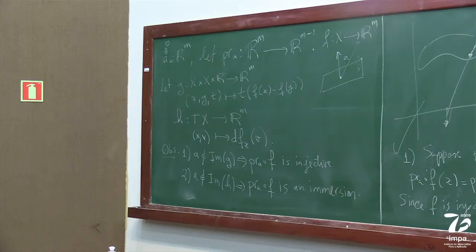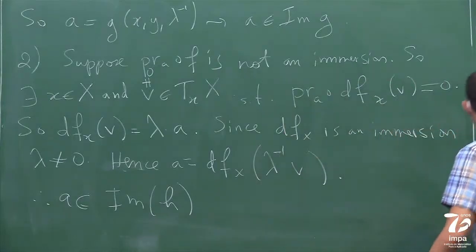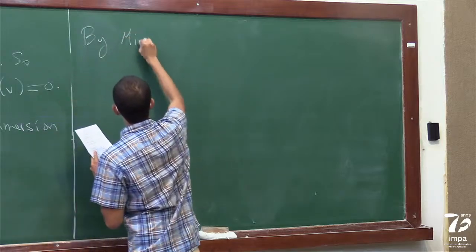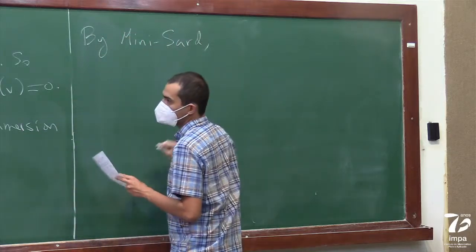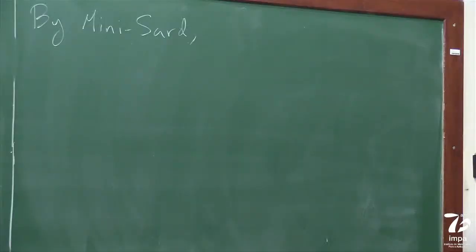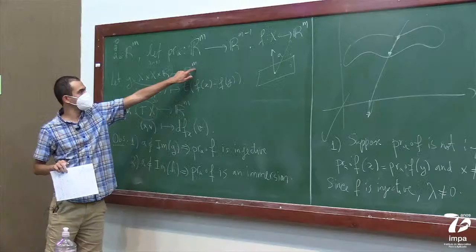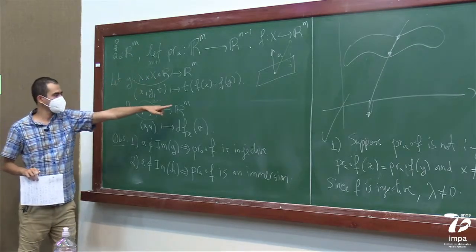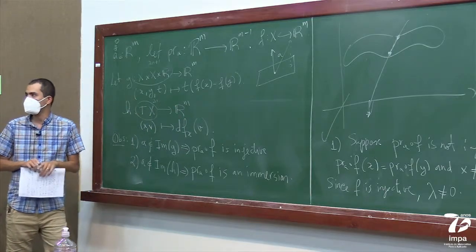No? OK. So now we can apply Mini-Sard's theorem. So by Mini-Sard, you see that the dimension of this guy is 2n plus 1. This is a manifold of dimension 2n plus 1, and this is a manifold of dimension 2n. If the dimension of this is bigger than this, then the image has measure 0.